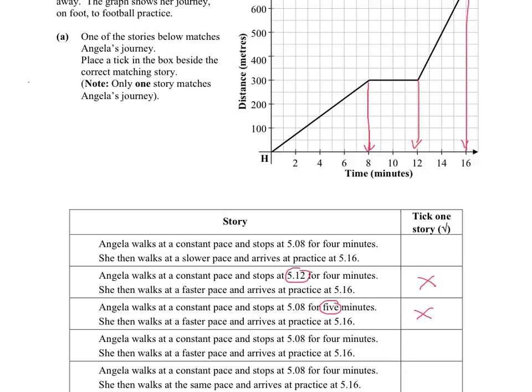Now, if you compare these 2 sections where the walk is going on, because this second travelling section is steeper than the first one, we can say that the slope is steeper, and therefore the rate of change in distance travelled is greater. Therefore, the speed, which is distance divided by time, is greater at that section. So we appreciate that it's walking at a faster pace compared to the slower and the same pace.